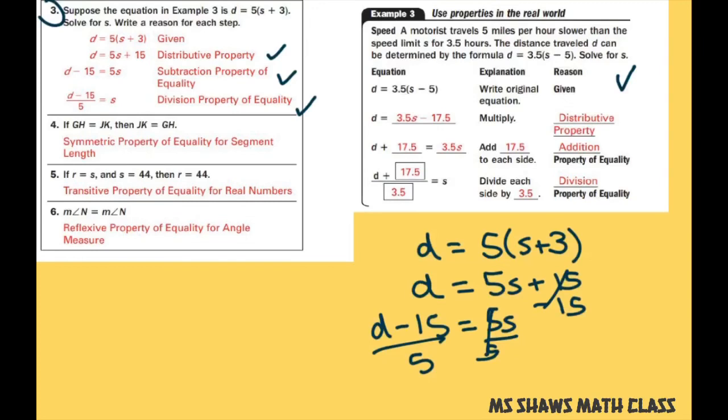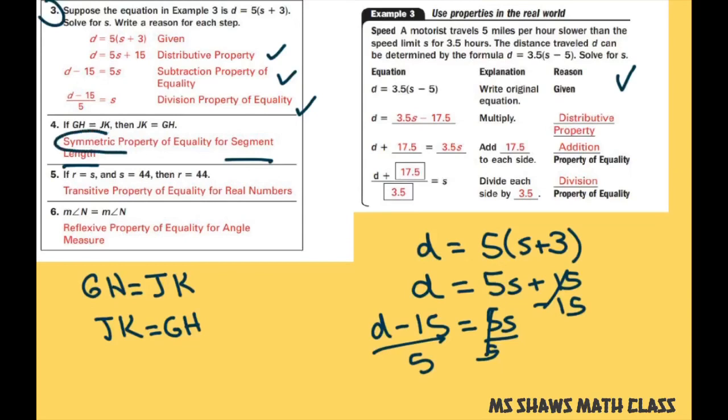All right. And if GH equals JK, then if JK equals GH, well, we're talking about a segment length, and that's your symmetric property. And then we have R equals S, and S equals 44.